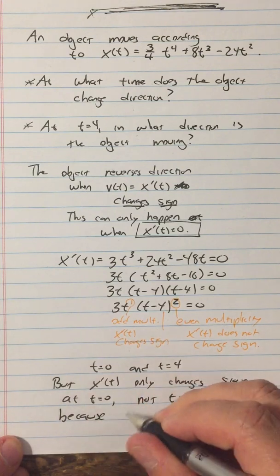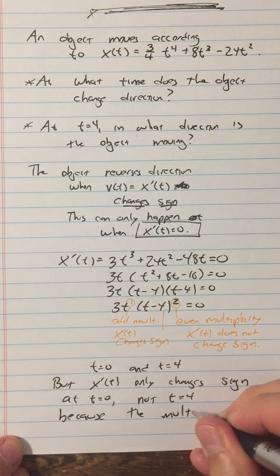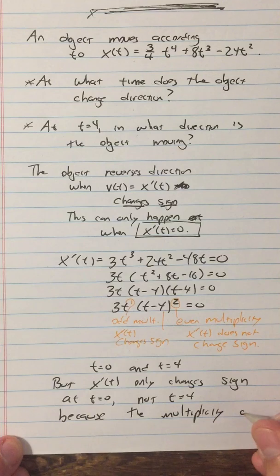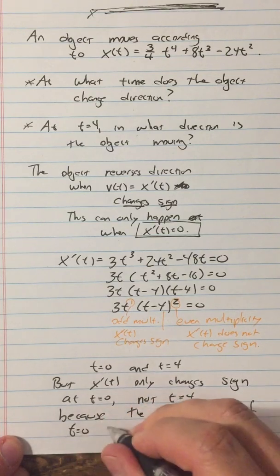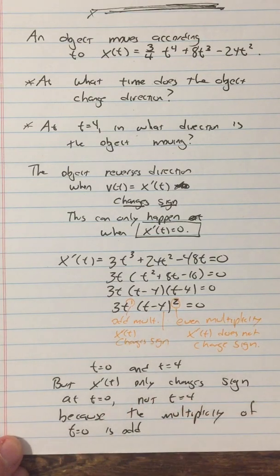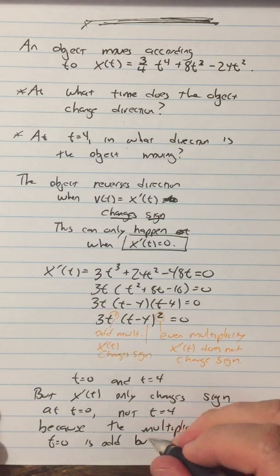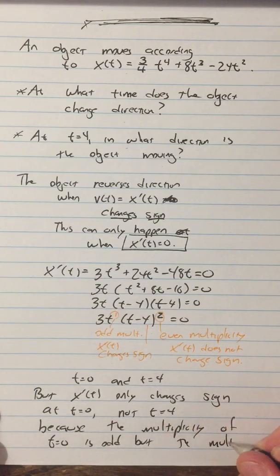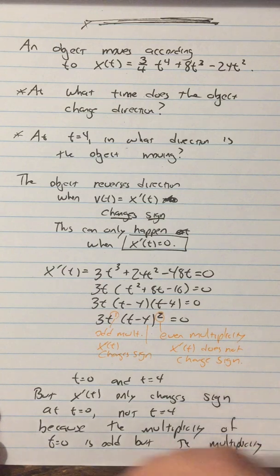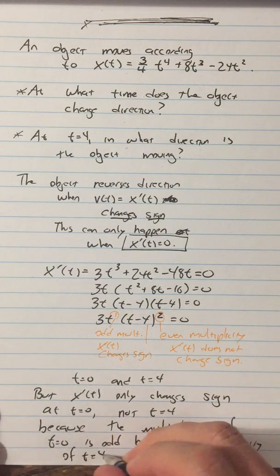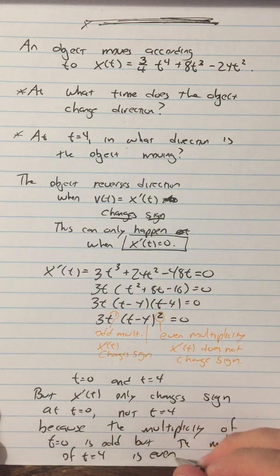That's because the multiplicity of t equals 0 is odd, but the multiplicity of t equals 4 is even.